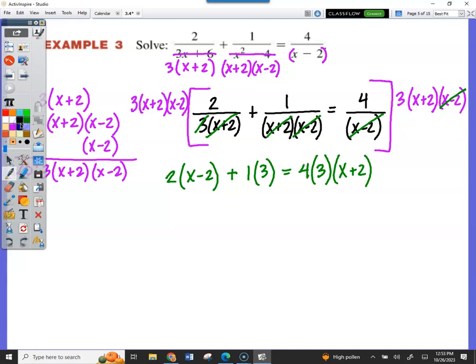And then now we clean this up. Distribute, multiply. I would multiply that, then distribute. So we've got, right?